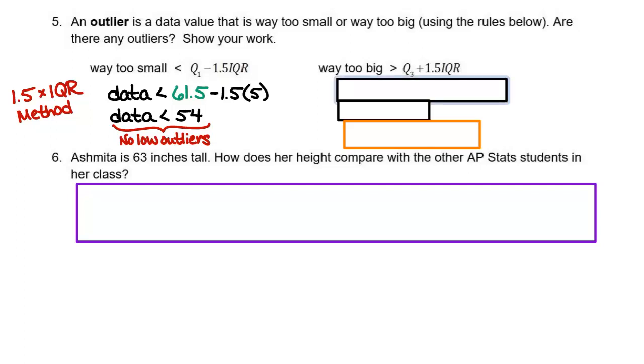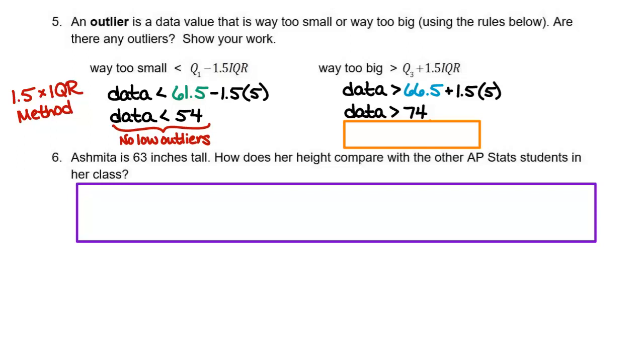What was our Q3 again? 66.5 plus 1.5 times the IQR. So 1.5 times 5. 74. Did we have any data that was larger than 74? What was that data value? 77. So 77 is an outlier.